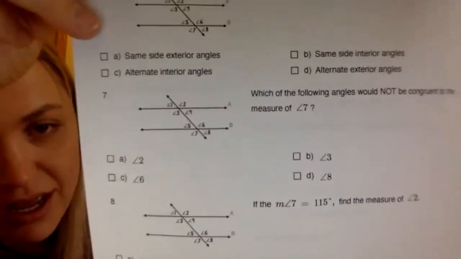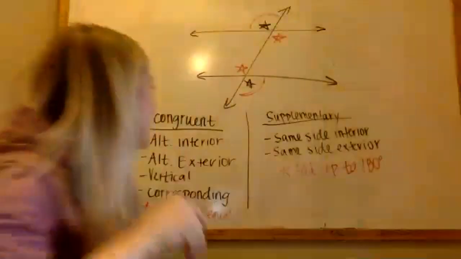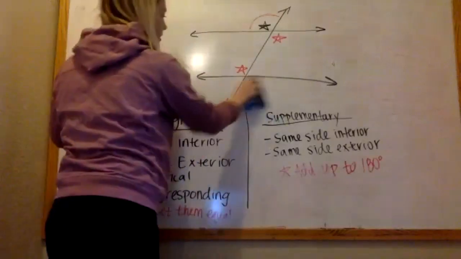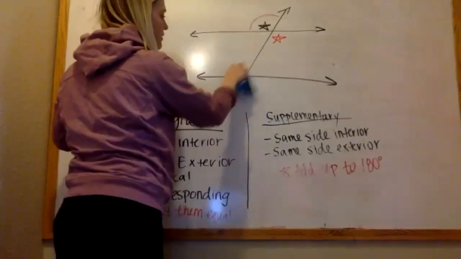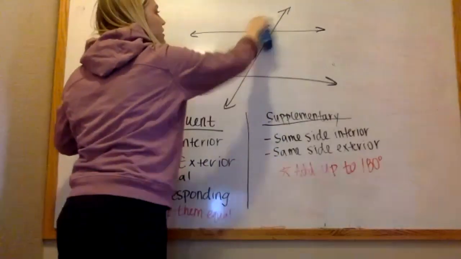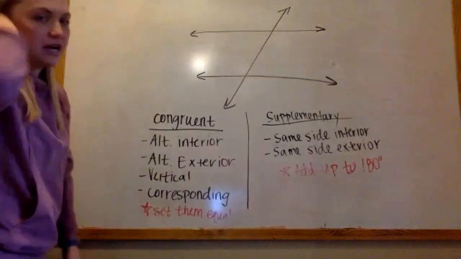Okay, so now let's talk about problems like this. Let's see. I'm going to erase these stars. And if you have a sheet of paper in front of you, I want you to draw this picture: 2 parallel lines with a transversal crossing them.